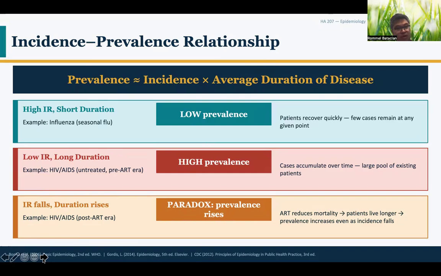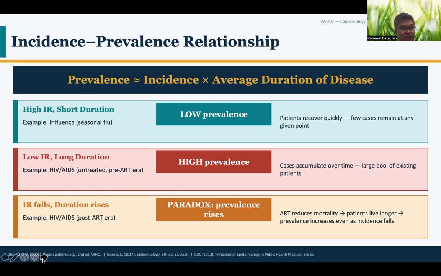In the first scenario, there's a high incidence rate but short duration. You think of seasonal diseases such as influenza. The incidence rate is quite high, and many people get infected with flu during a particular season. But the natural course of influenza is that it usually resolves in 7 to 10 days.